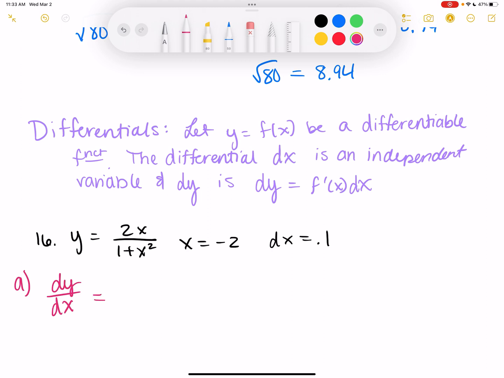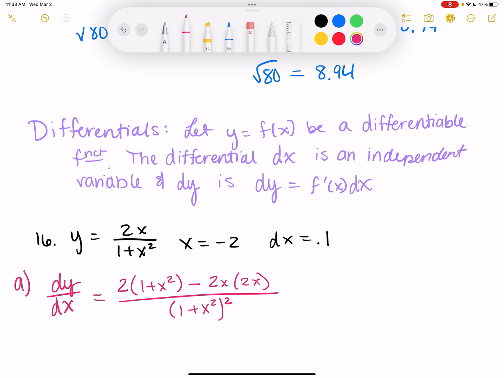So what would the derivative of this be? Okay.